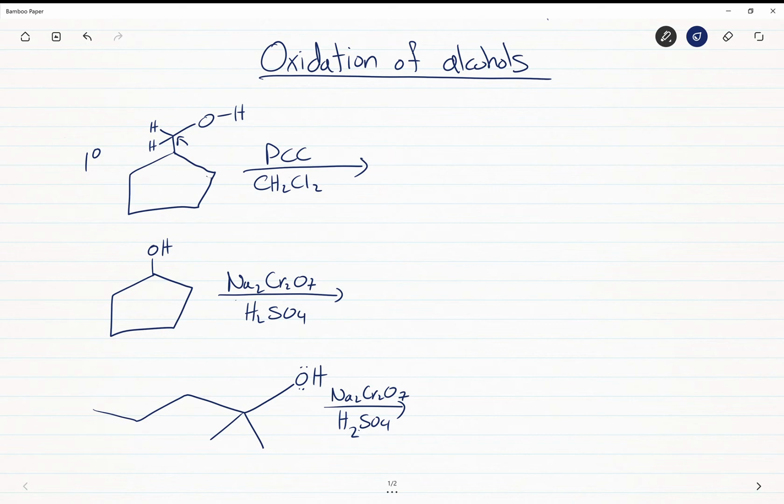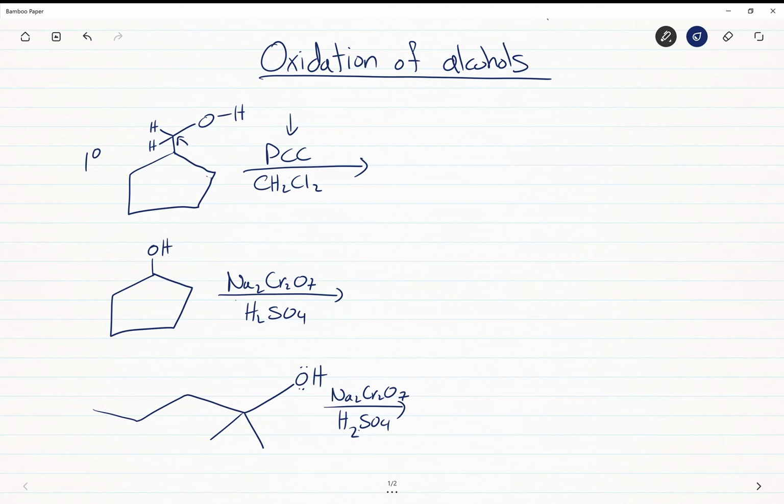And so after you identify the type of alcohol you have, you must now look at the reagent that you are working with. The reagent will typically always be present where the arrow is in the reaction. And so in this case, PCC in CH2Cl2 is a milder oxidizer, or oxidation agent, for these reactions.